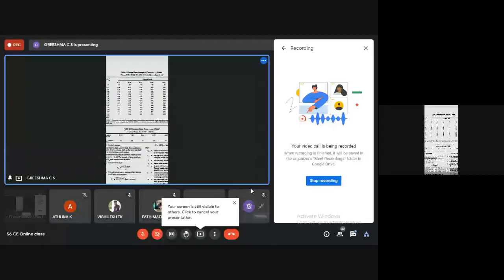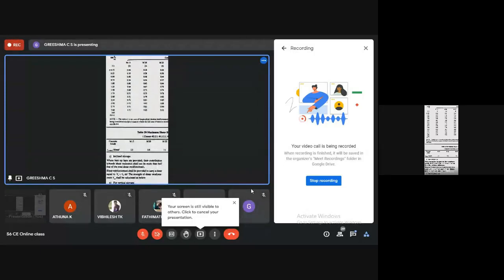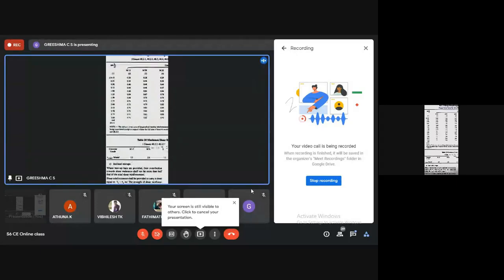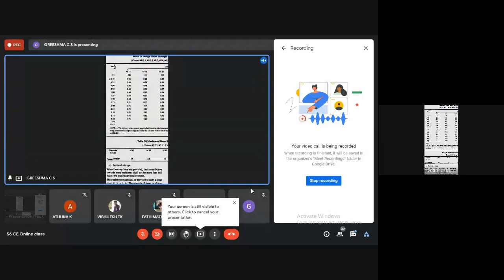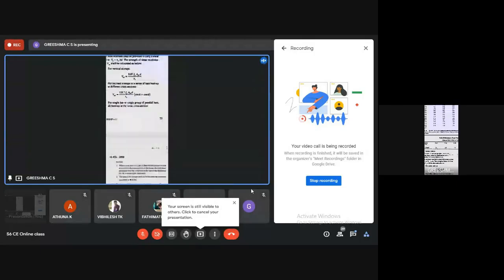So from this table, how much is the reinforcement ratio? Reinforcement ratio is around 0.48. This is IS code page number 73, Table 19, the design shear strength of concrete.